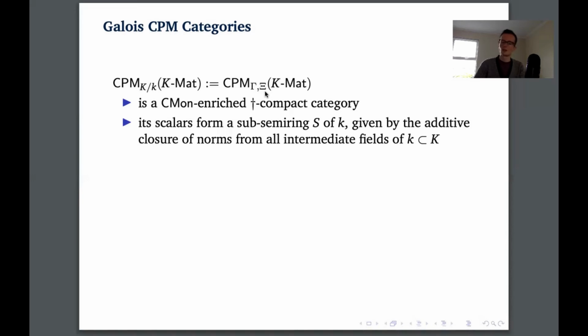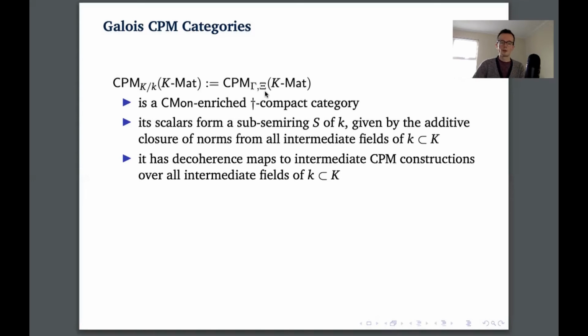It's quite complicated to write down precisely what big S is, but it's essentially given by the additive closure of these field norms from all the intermediate fields of the extension. The point is, though, that we can think of S, this semi-ring, as the semi-ring of probabilities of our theory. And then finally, these Galois CPM categories have decoherence maps to intermediate CPM constructions, precisely the decoherence maps we defined earlier.